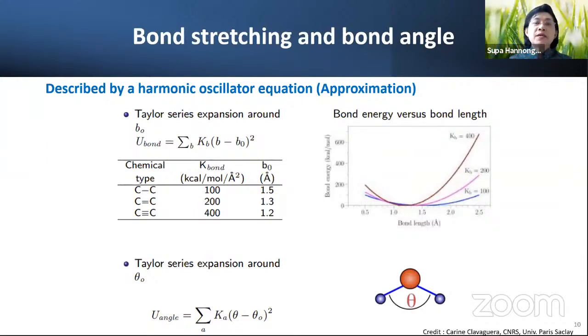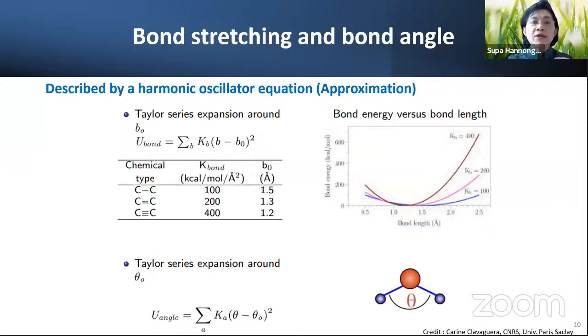So when we look at the bond stretching and bond angle, as I said, they are described by the harmonic oscillator equation, which is an approximation. For the bond stretching, you can see the Taylor series expansion around the equilibrium bond length. When I say it like this, some students may have no idea what it is. So just look at the oscillator.